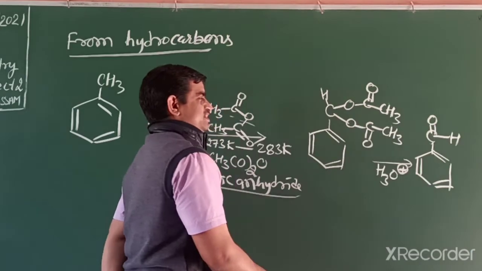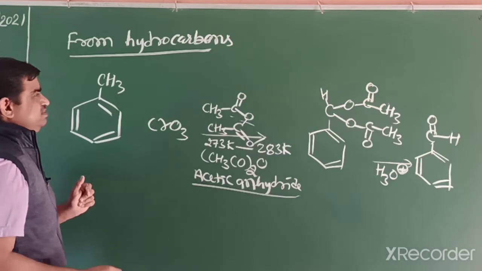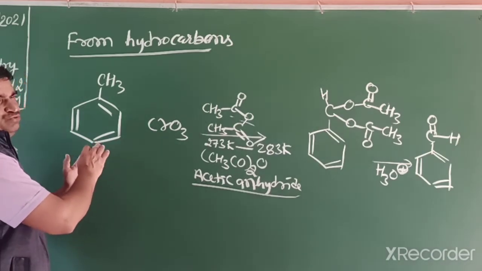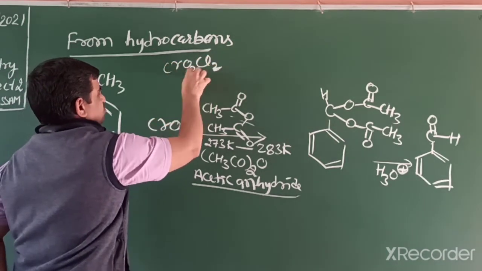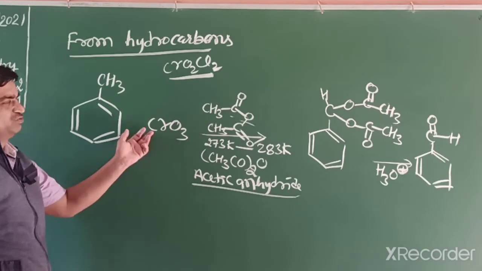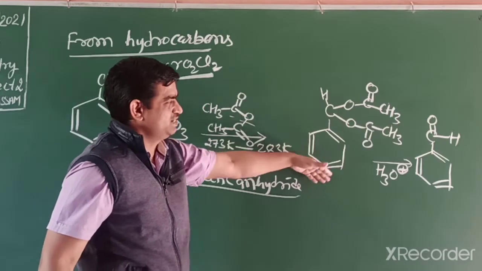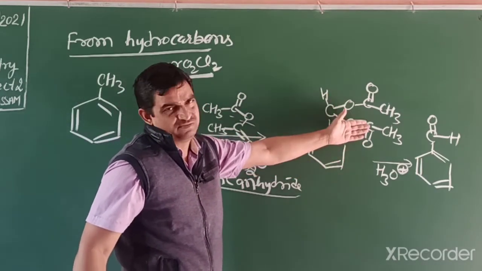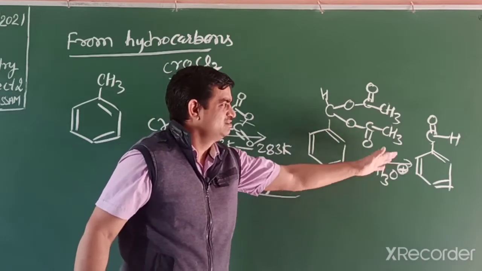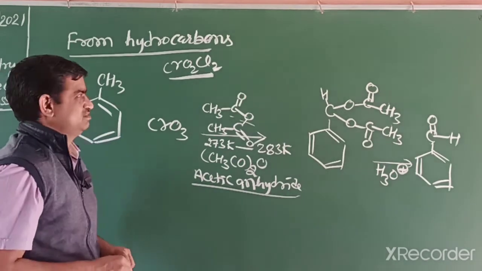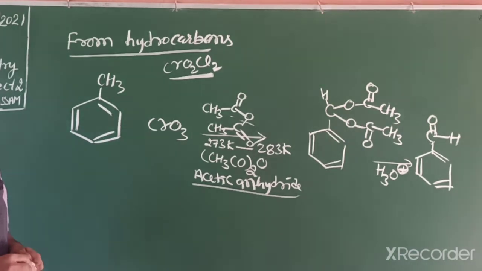So this is another method to prepare aldehyde. The first one is the Etard reaction, where the reagent is chromyl chloride, CrO2Cl2. But in this reaction we use chromium trioxide in the presence of acetic anhydride to make a complex, benzyl diacetate, and on further hydrolysis we get benzaldehyde. In this way we can prepare it from toluene.